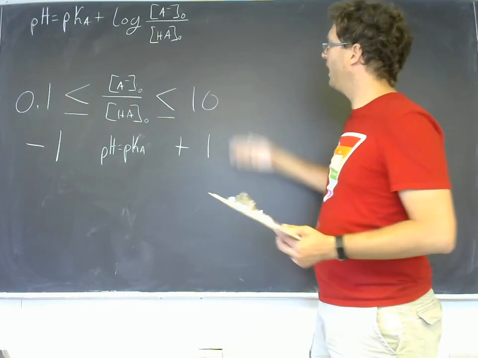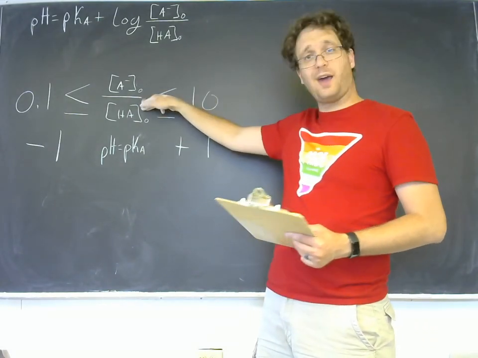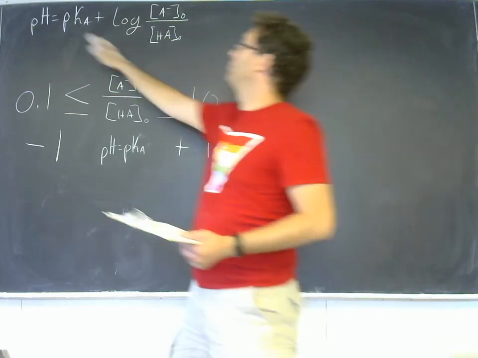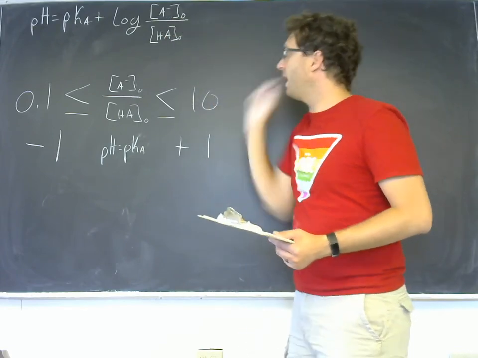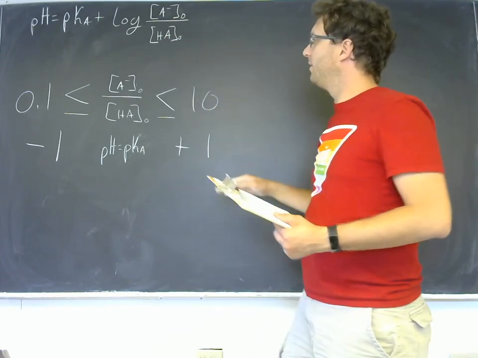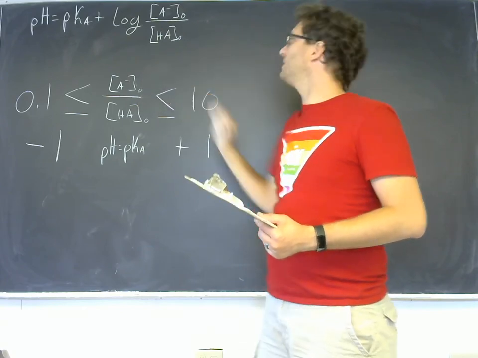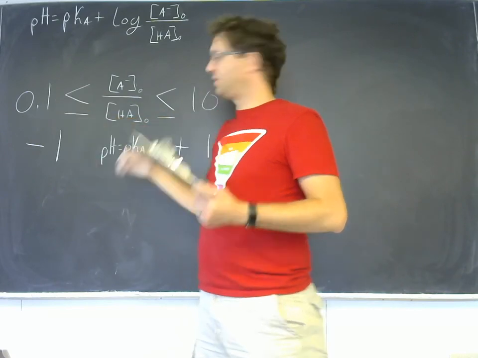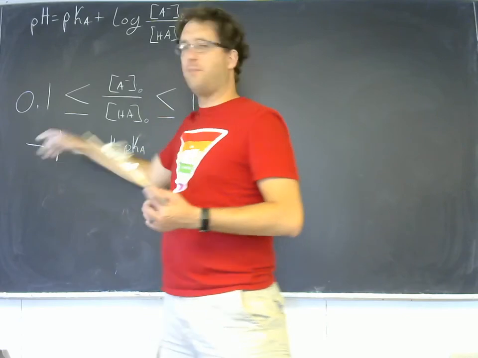So if I have 10 times more conjugate base than I have conjugate acid, well, the log of 10 is 1, and so the pH is equal to the pKa plus 1. And if I have 10 times more acid than base, then we would have the log of 1/10, which is -1, and the pH would equal pKa minus 1.